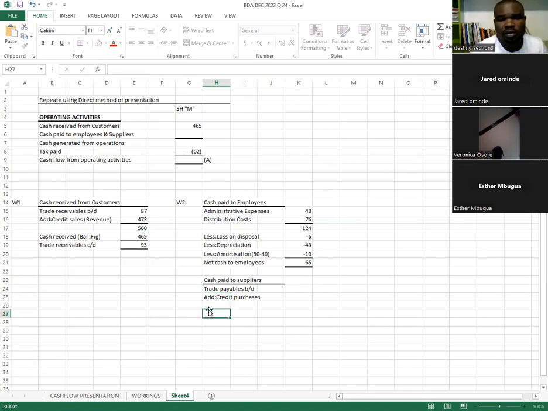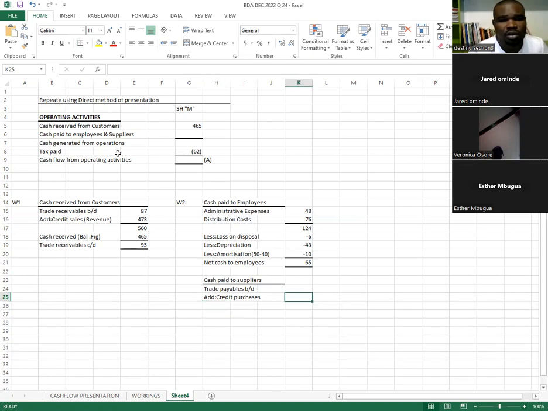Then you skip one line there. Okay, fine. You will get a total somewhere down here. Then the balancing figure is the cash paid.